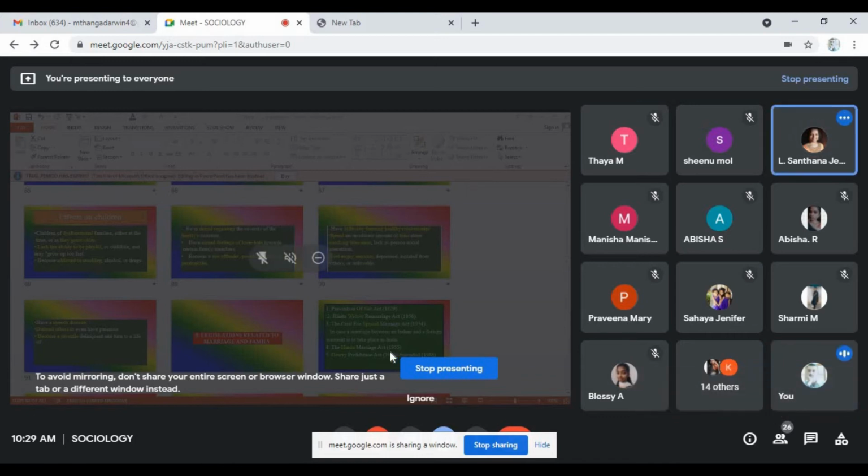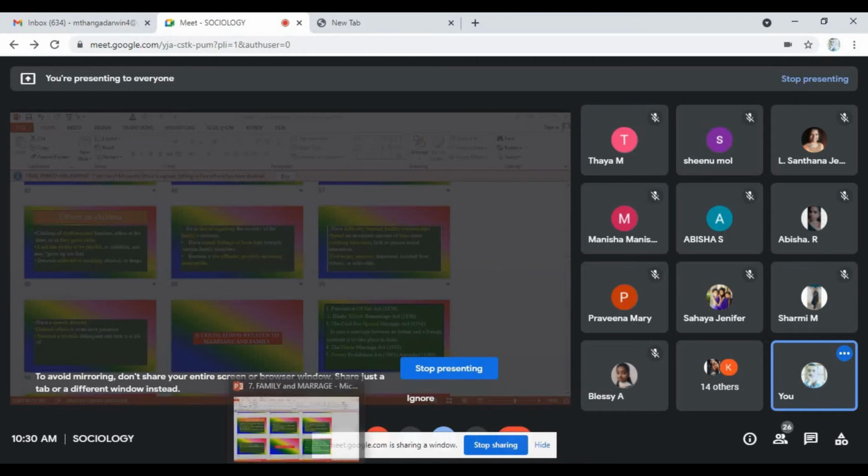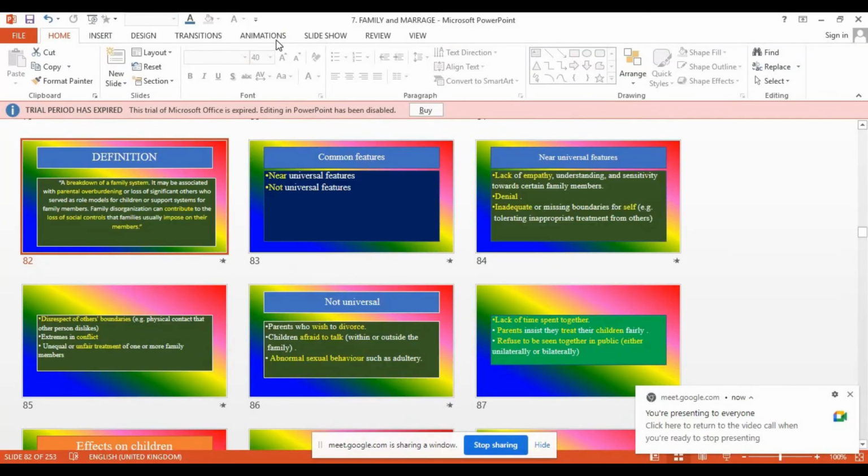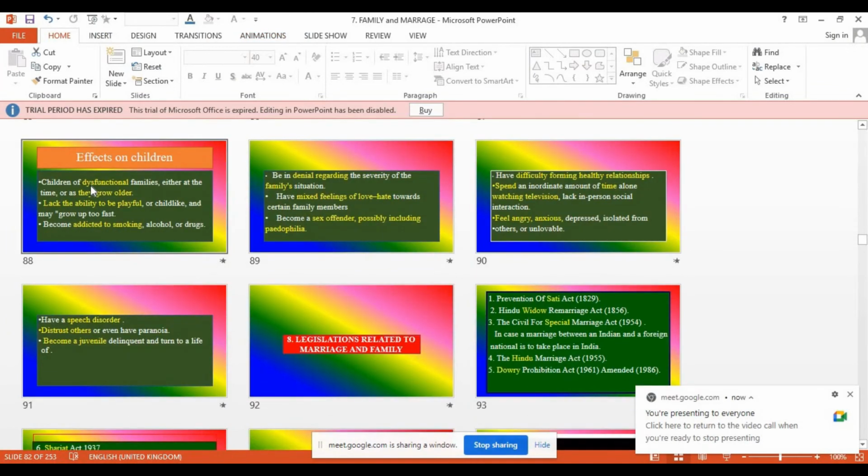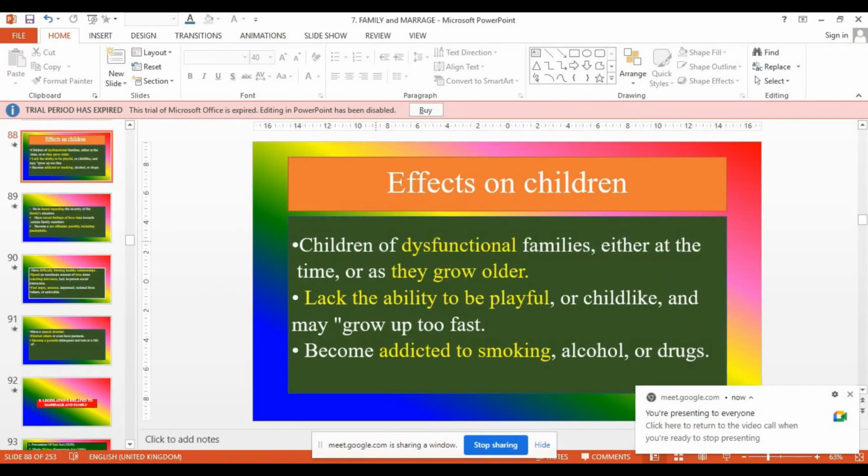Sir, can you list a few effects on children due to family disorganization? Dysfunctional families, yes.